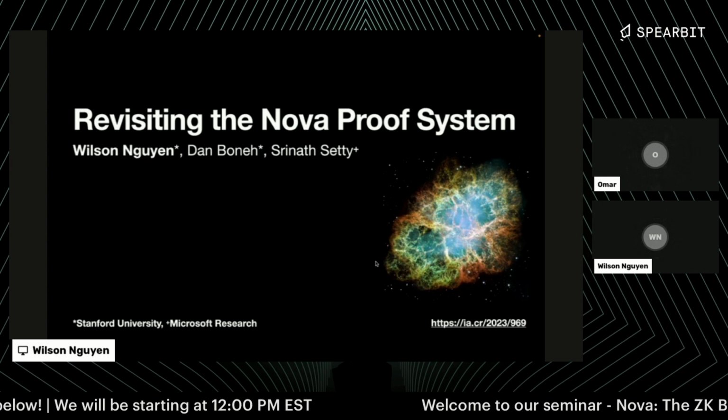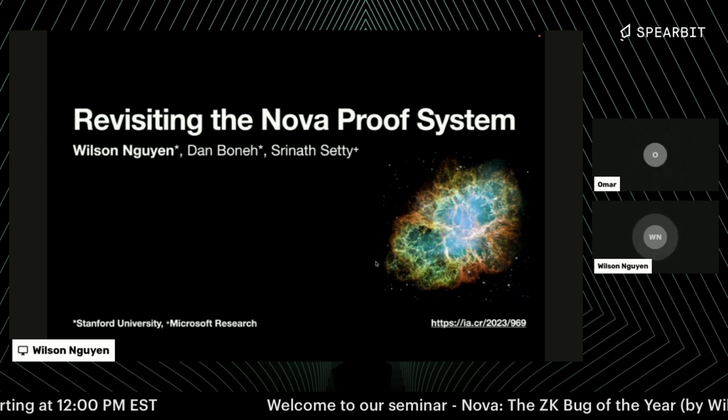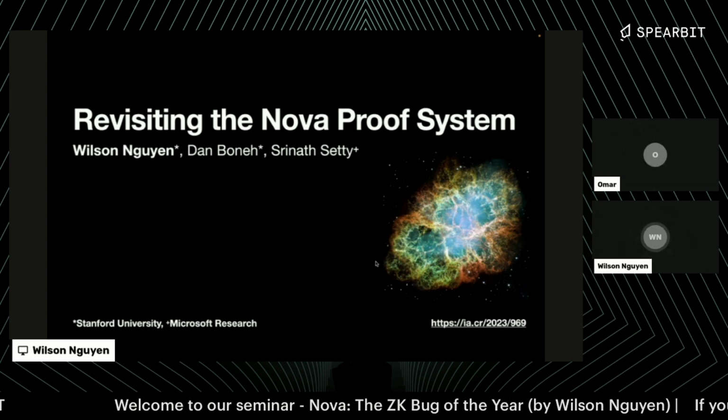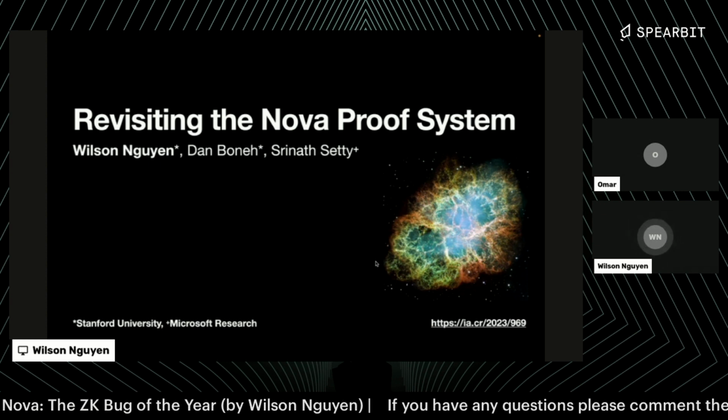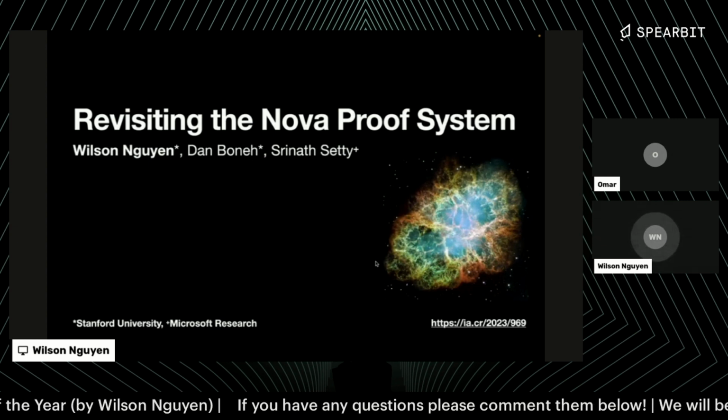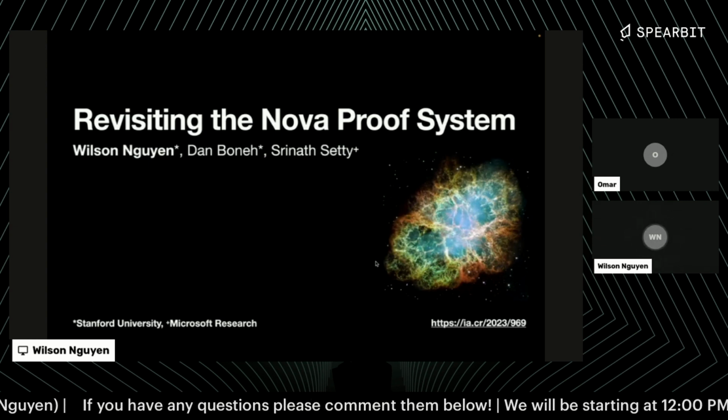Thank you. Hi guys, so today I will talk about our paper, Revisiting the Nova Proof System on a Cycle of Curves. This is joint work with Dan Boneh and Srinath Setty from Stanford and Microsoft Research.